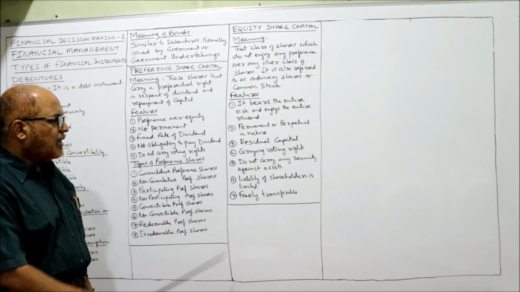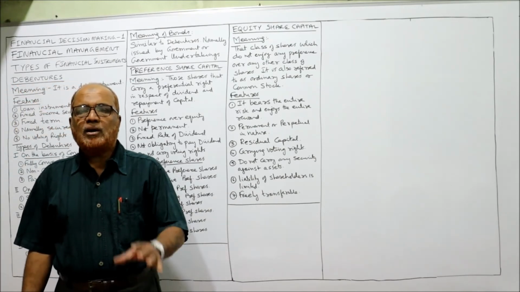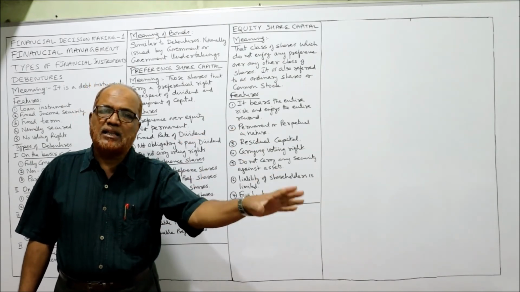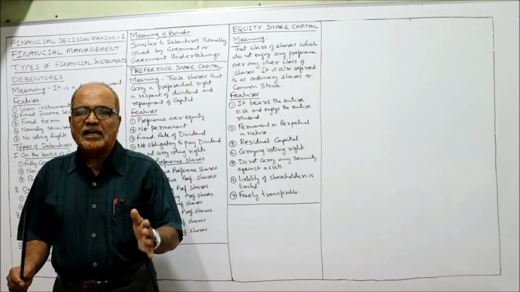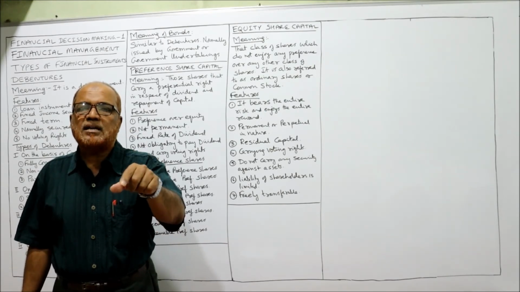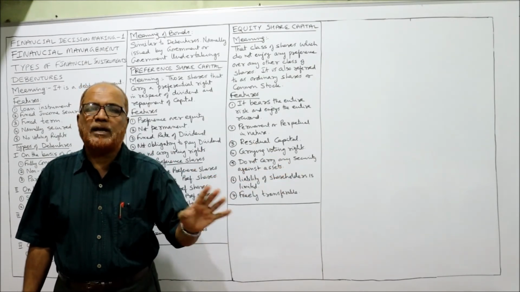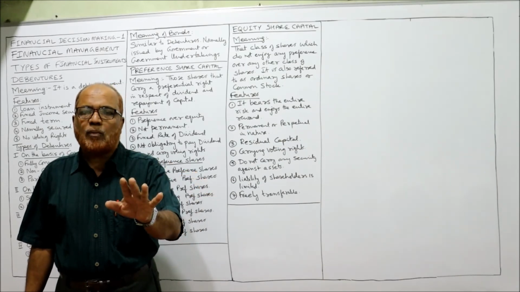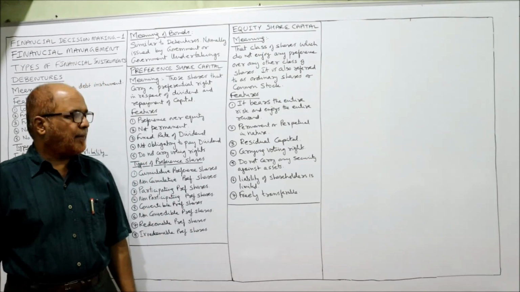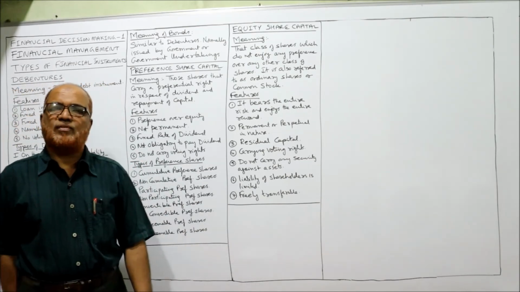Next one is that the liability of the shareholder is limited. Equity shareholders' liability is limited to the extent of the amount invested in the company. The loss incurred by equity shareholders is only to the extent of the amount invested in the company, nothing else. The private property, the personal assets, are not liable for the debts of the company. Last one, freely transferable.